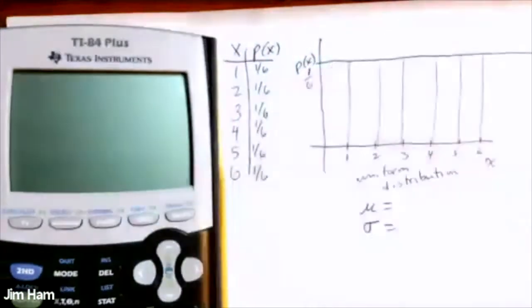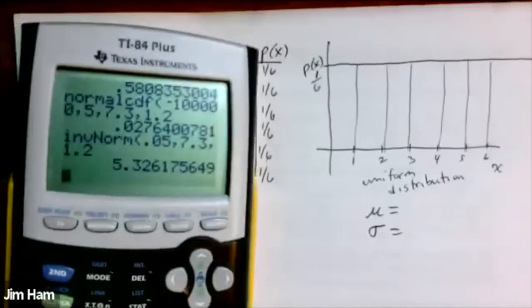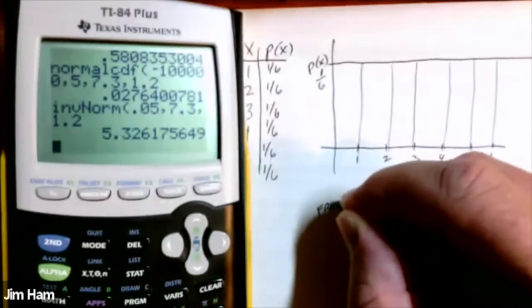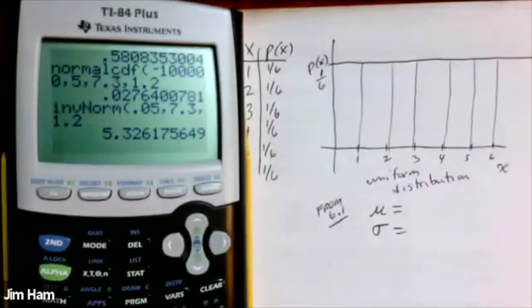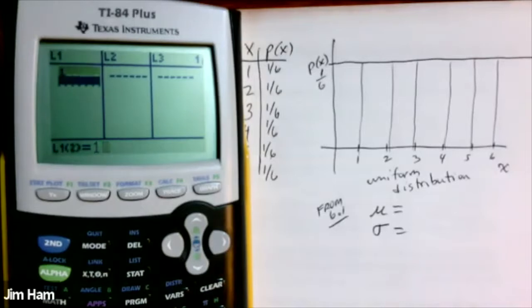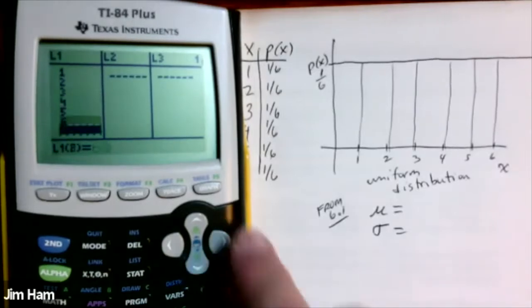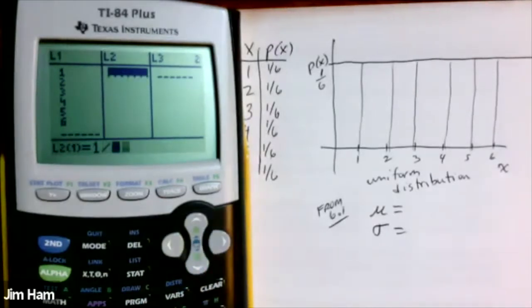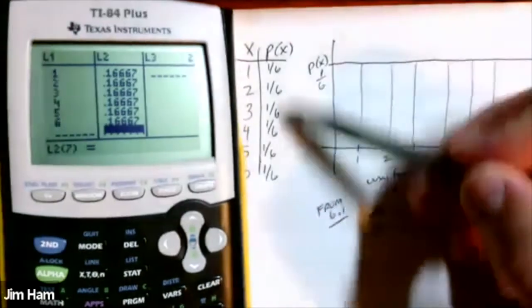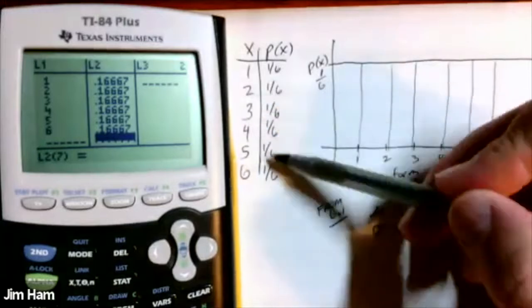This is not binomial, so I can't use a binomial distribution, but it is like a problem from 6.1, where we entered in all of the different possible rolls of the die, and then all the probabilities associated with those. And when you type in 1 divided by 6 for each one of these, you get the decimal version. All right, so there is the same distribution as you see here.